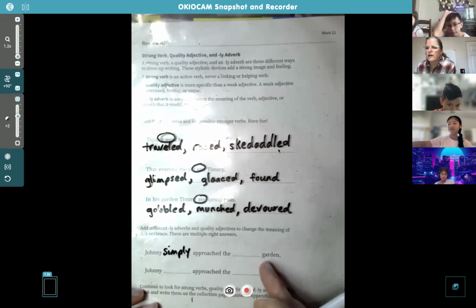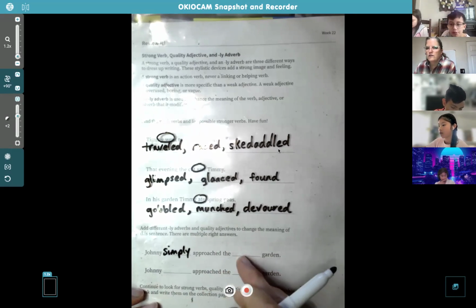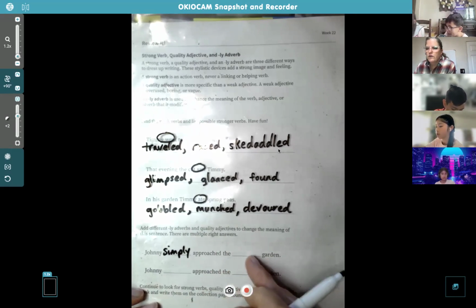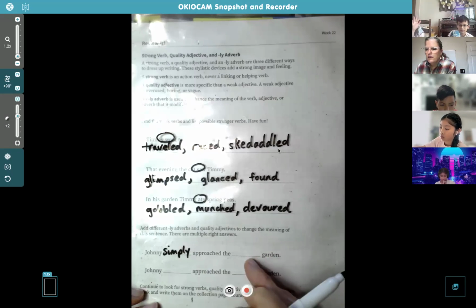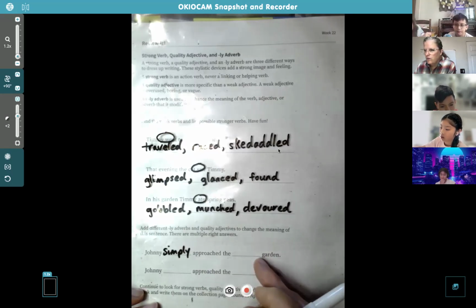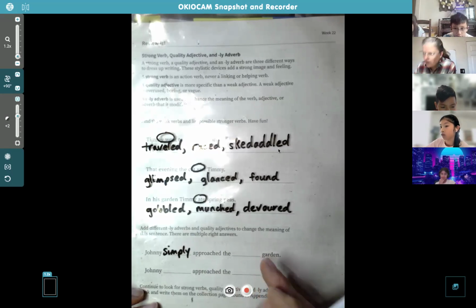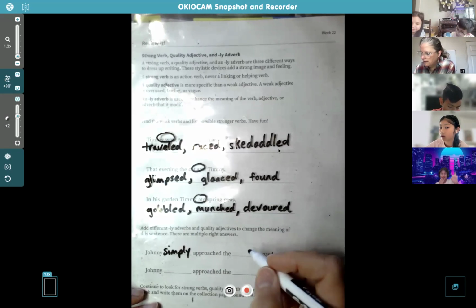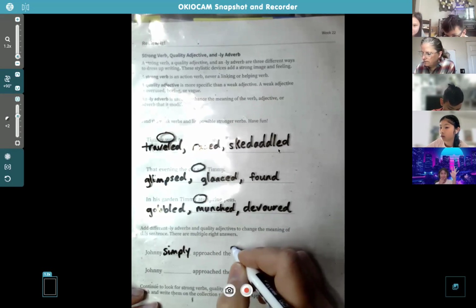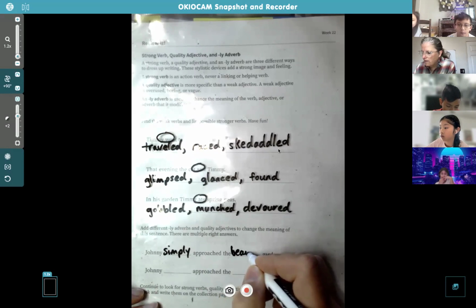Simply, if you guys have a different one, put yours down. Simply approached the what garden? What kind of garden is it? What's the adjective we could put here? Amazing. Okay, amazing would work. What about you, Sydney? Beautiful. Beautiful would work.